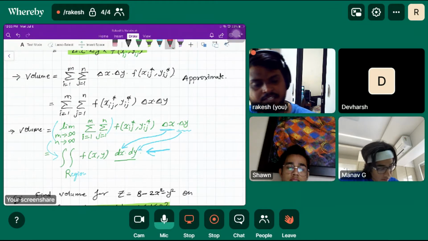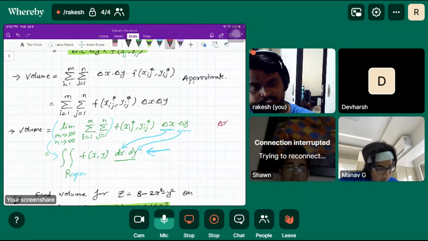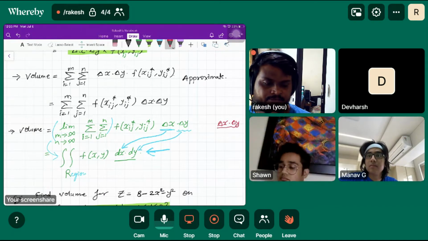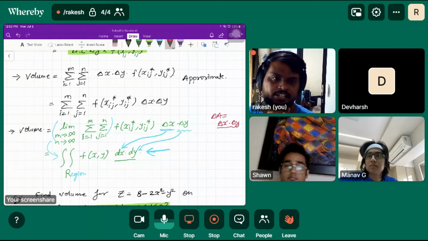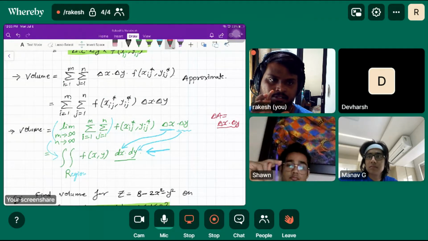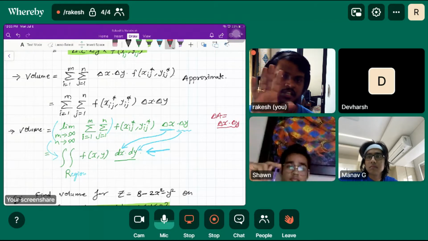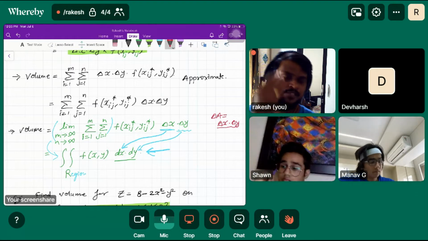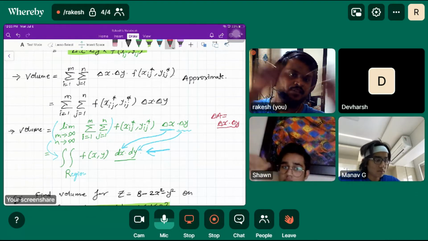let me explain. Delta x into delta y is the area of each rectangle, isn't it? Delta a, that is delta x into delta y. I just denote that as delta a, the area of each small rectangle, some part of the area of the big rectangle.